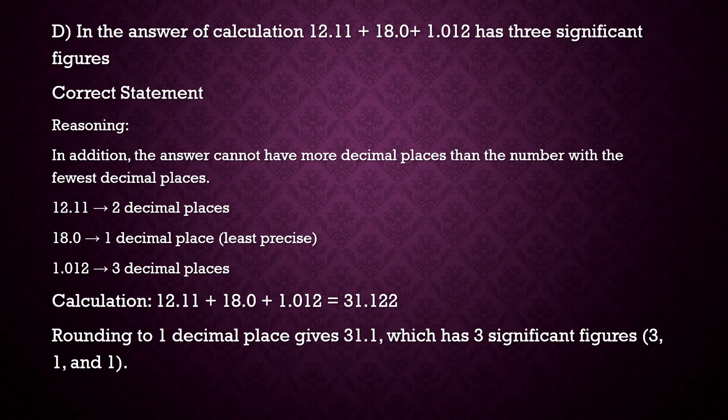So the calculated answer is 31.122, but the least precise has one decimal place, so rounding to one decimal place gives 31.1, which has three significant figures: 3, 1 and 1. So this is a correct statement.